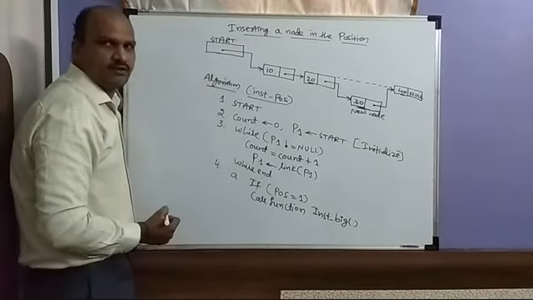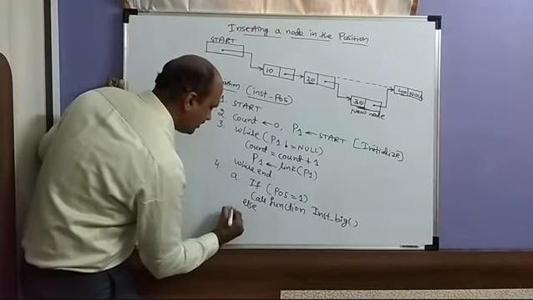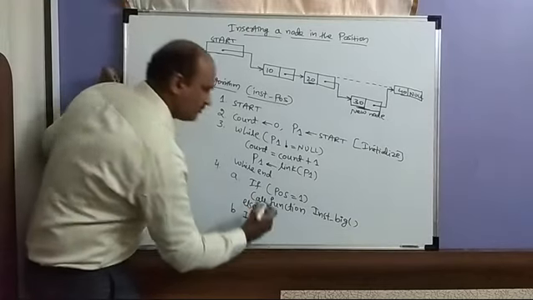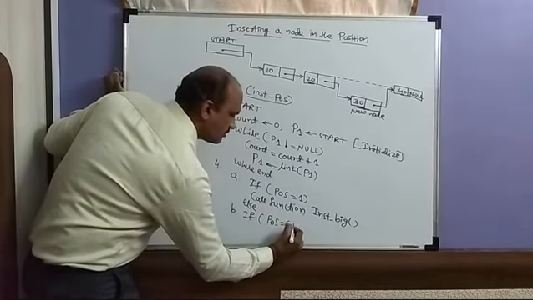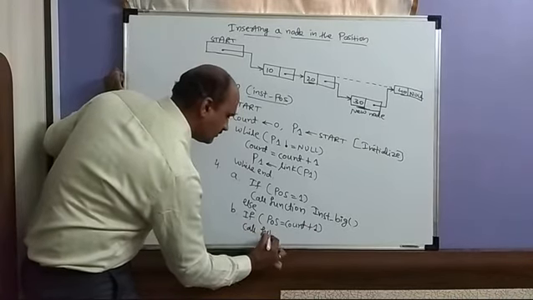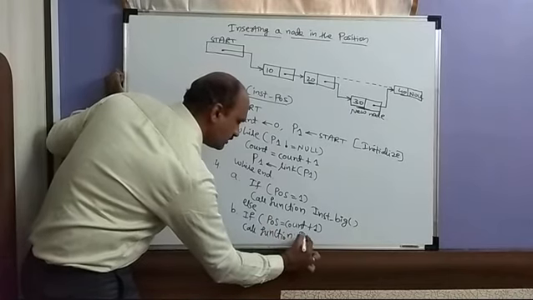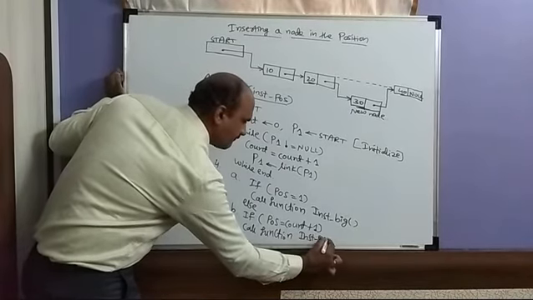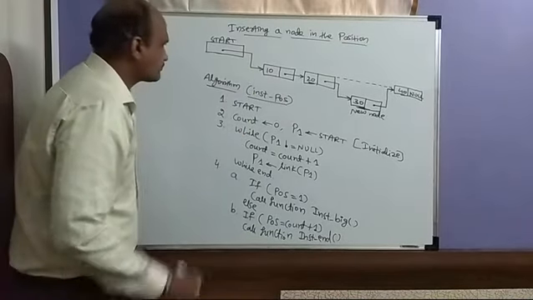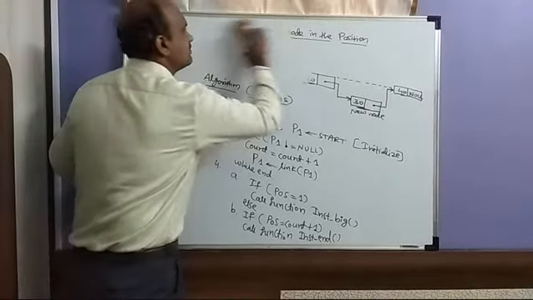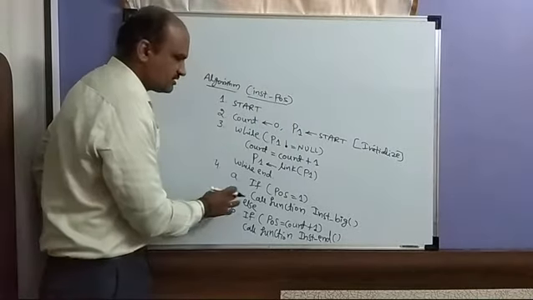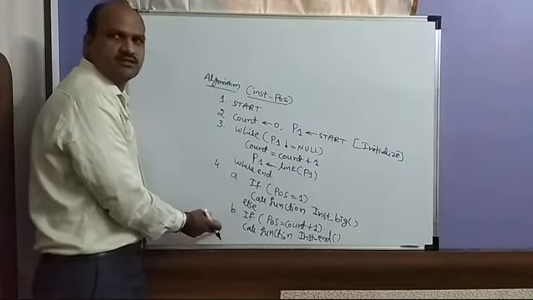Okay, then else, B, if the position is count plus 1, then call the function insertion at the end. Okay, next we write it here. So first we call insertion at the beginning, next we call the end.